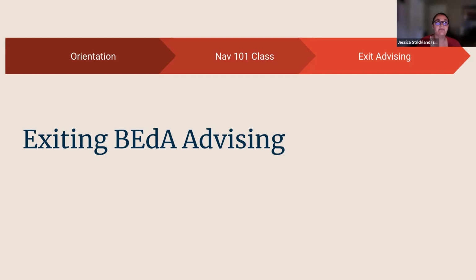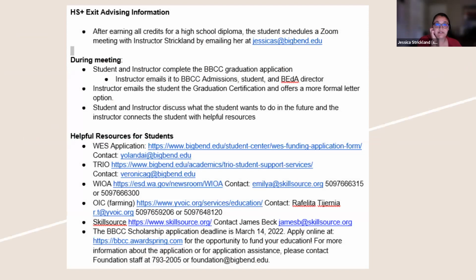And this happens after they've completed their high school diploma, right? They're done with the program, they're ready to move on, whatever that might look like. For example, I would do this right after they've earned their credits, and we would fill out their graduation application together, and then I would have the conversation. Now let's look. I would pull up the essay they wrote for the guided pathways and say, okay, this is what you said you were interested in.